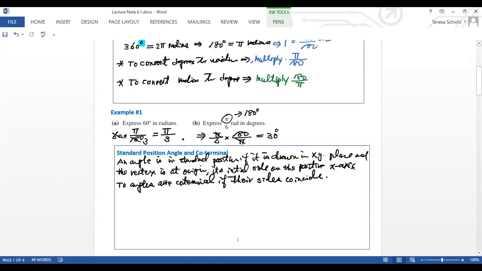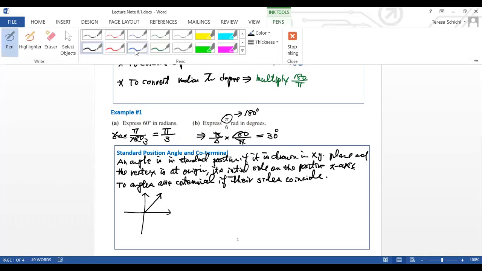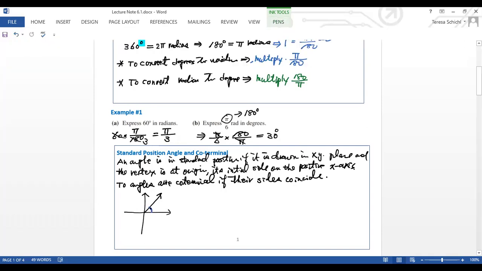Okay, so let's take a look here. If I have an angle in standard position, let's say this is my angle, and I'll use the color blue here.